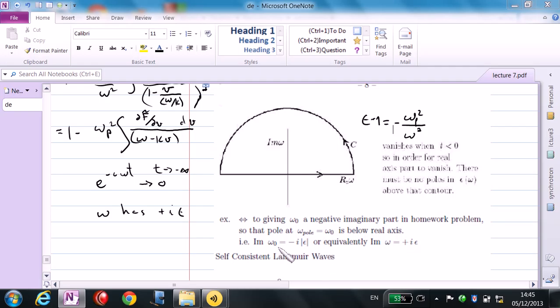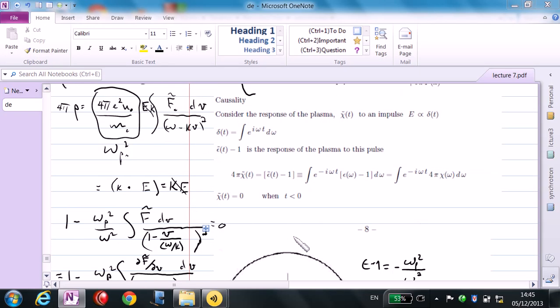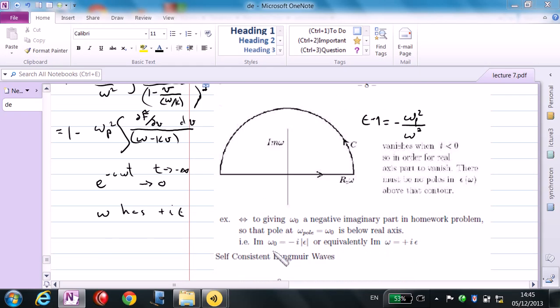Look, omega 0 is the natural oscillation frequency of the plasma. Omega 0 must be omega p, right? I'm trying to figure out how this goes.